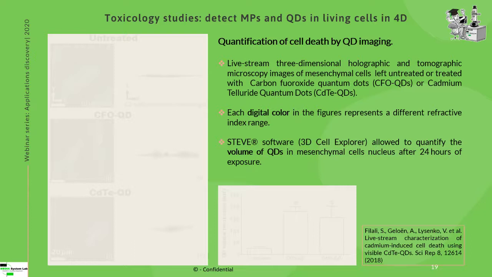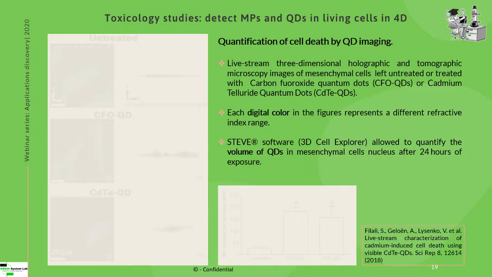That can be different kinds of cell death, in general apoptosis and autophagy. So in this case, you can check the untreated cells that is completely flat, while if you check the cells treated with the quantum dots, especially in the nuclear region, in the 3D representation, you see the engulfment, you see the quantum dot accumulation.